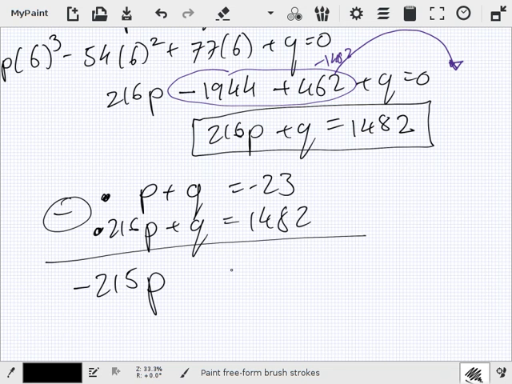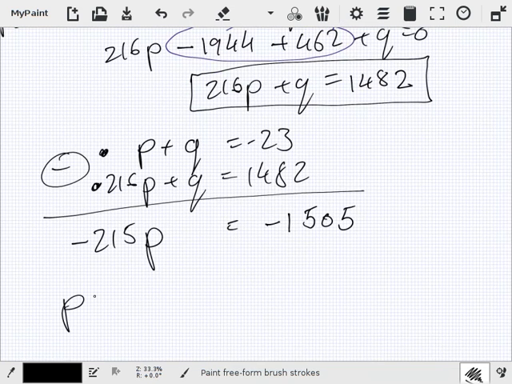215p equals minus 1505. So then p will equal minus 1505 over minus 215. Why is it minus, the minus 23 plus? Oh, sorry, that's a plus, isn't it?